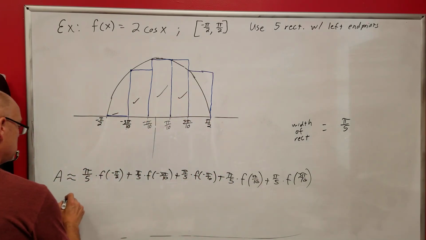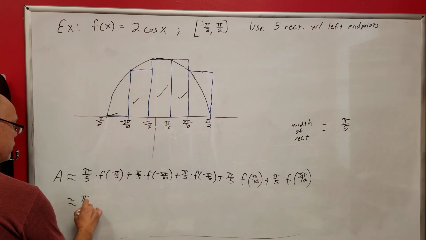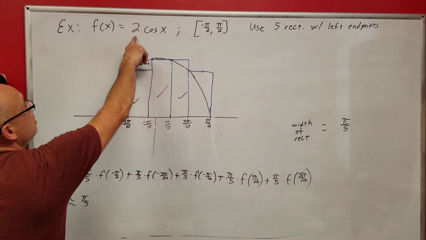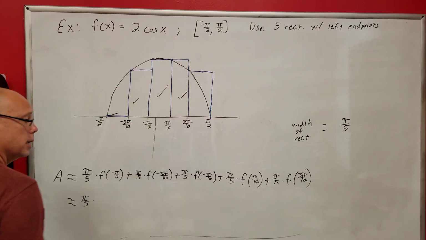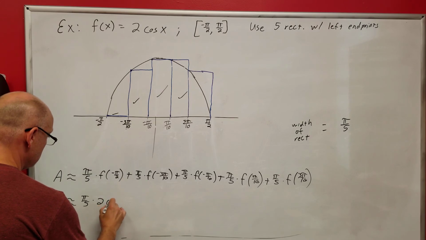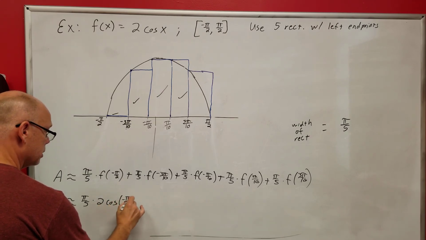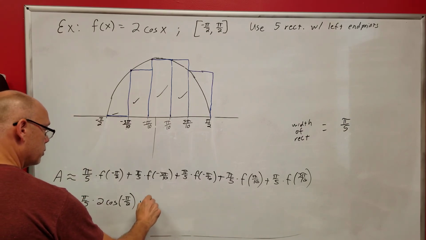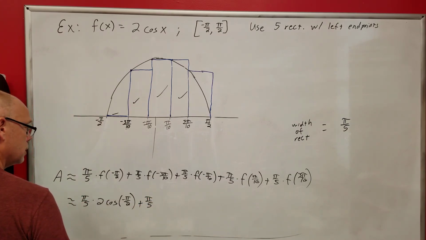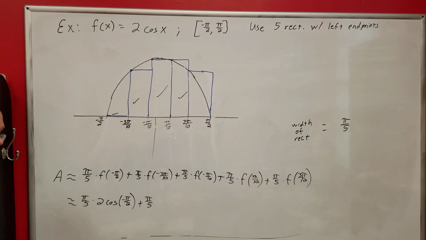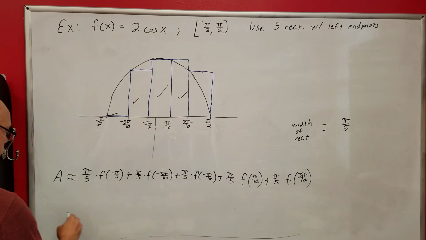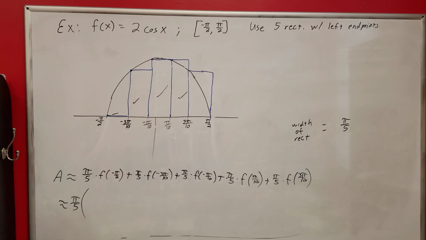All right, let's see. So this is pi over 5 times, what's f evaluated at negative pi over 2? 2 times the cosine of negative pi over 2. Plus pi over 5, tell you what, instead of doing all that, let's say pi over 5 can be factored out of all these. So I'm going to take pi over 5 out of all these.